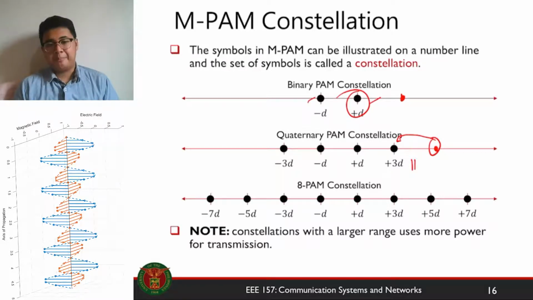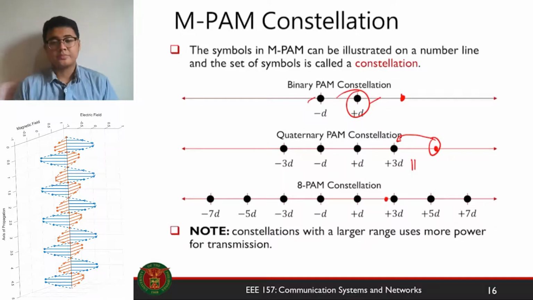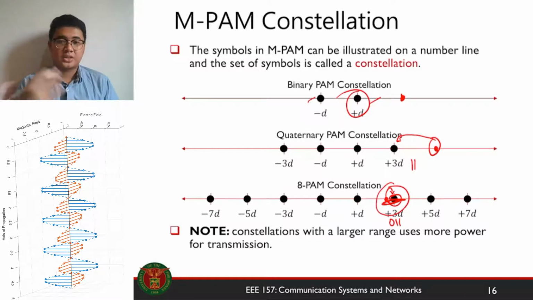For your 8 PAM, let's say the symbol is here. It will understand that it's positive 3D, it must be 1, 1. Sorry, 0, 1, 1, rather. So your receiver can correct that information. If it's noisy, and the signal falls in this region, the receiver can still correct that information.